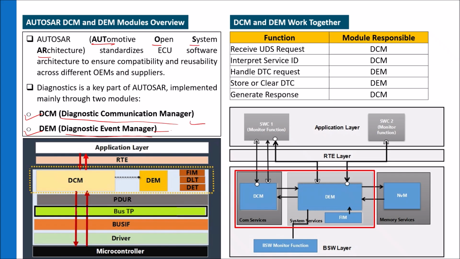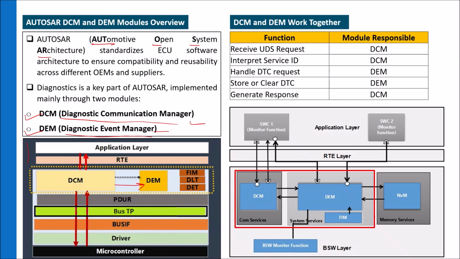Now we can understand from this image how DCM and DEM work together. DCM will receive a diagnostic request and decide what service is needed. For a DTC-related request, DCM passes the request to the DEM.